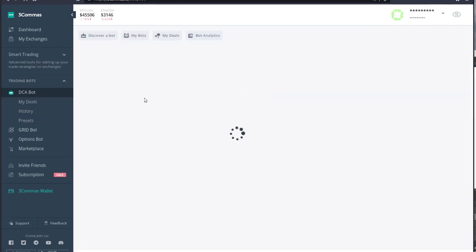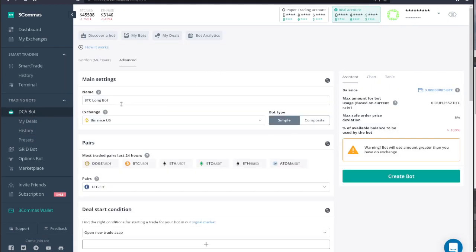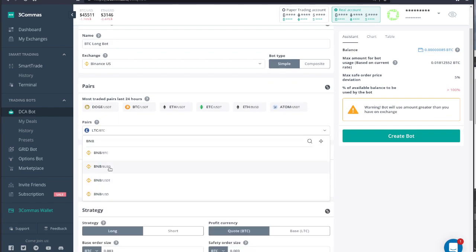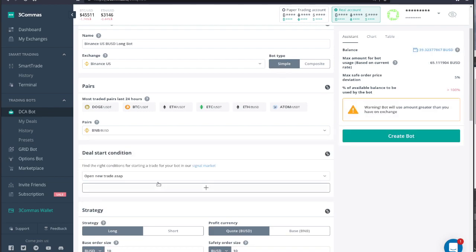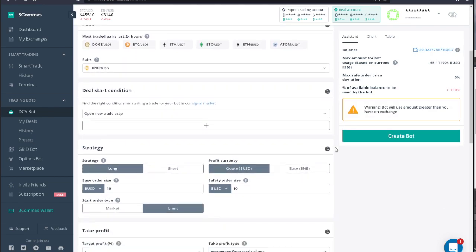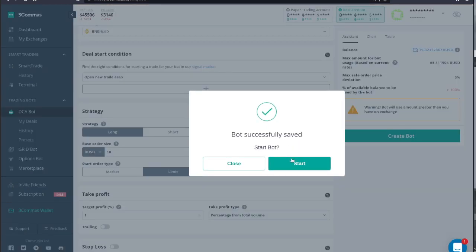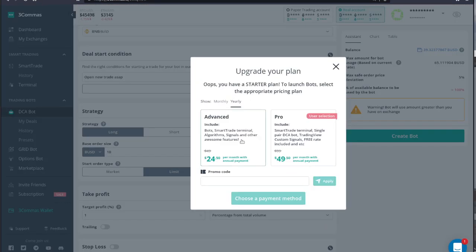So let's do this. Just do a plus DCA bot. Do BNB versus BUSD. Open new trade ASAP, and then create the bot. Start the bot. See, upgrade the plan. I've already paid.